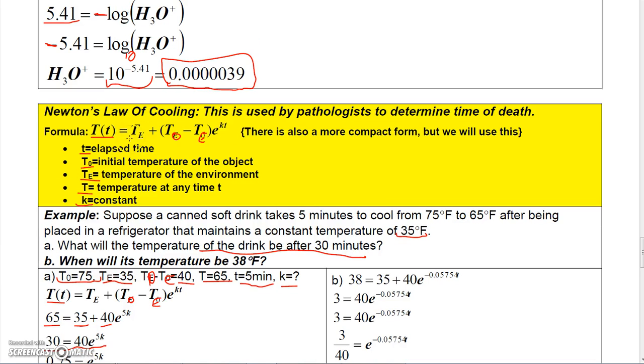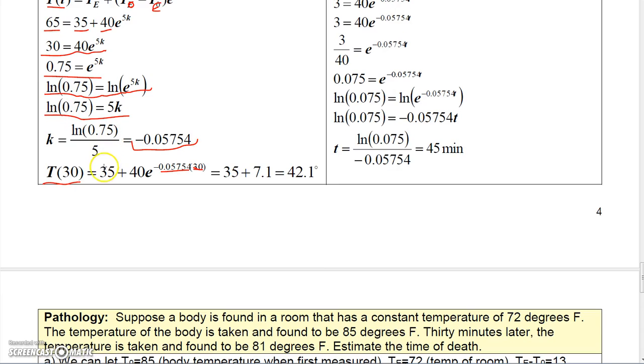If you go back and look at this formula, it's the temperature of the environment plus the difference in the initial temperature and the environment times e to the kt. The temperature of the environment is 35. We know the difference in the initial temperature and the environment is 40. And then e to the kt would be e to the negative 0.0575 for k, and then t is 30 minutes.